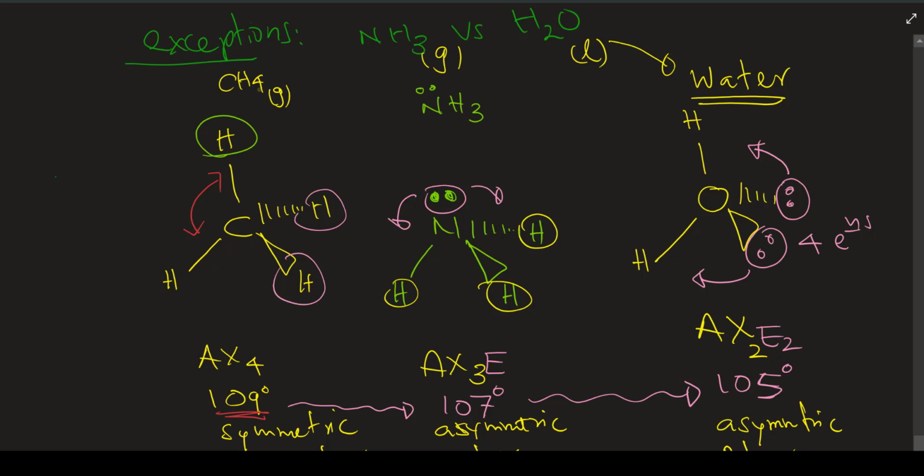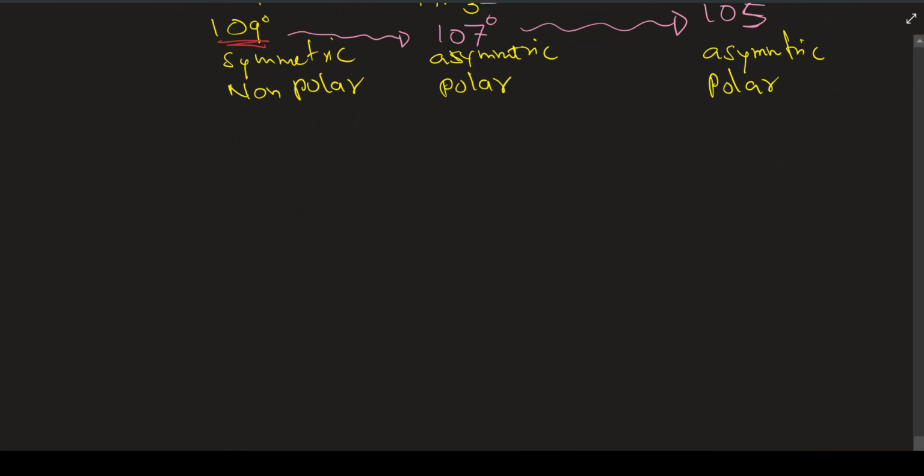One lone pair takes 109 to 107, two lone pairs take 107 to 105. See the order. Now if you can draw that one, you can talk about water being polar, dissolving everything, with a 0 degree melting point, and then ammonia is about minus 78.